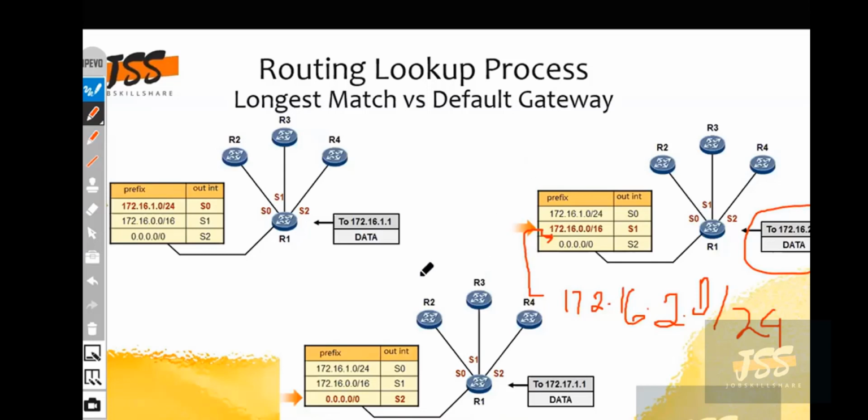172.16. Okay, .0.0. Yeah. Why? Because it matched 172.16, and you say that the 0.0 doesn't matter. But what I said is the longest match. Don't forget this concept. Just compare this one with this one, where you reach, compare it.